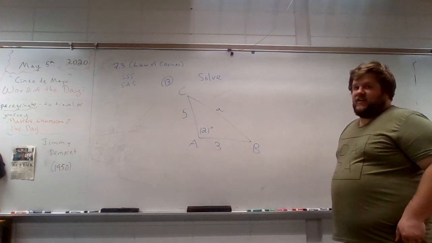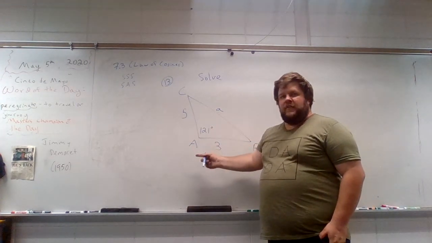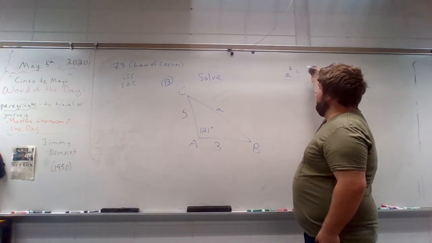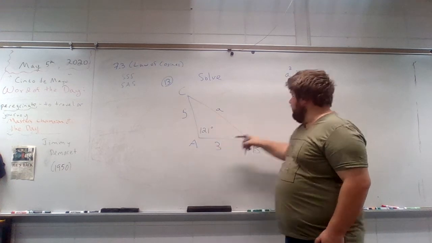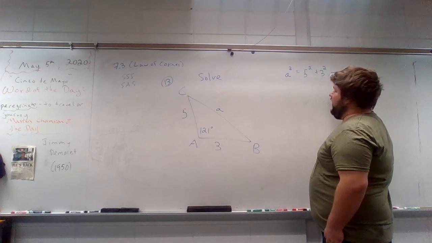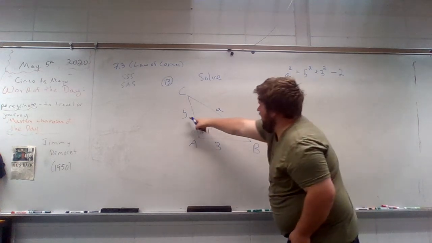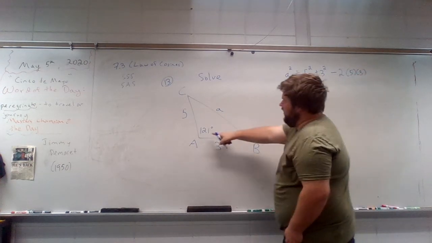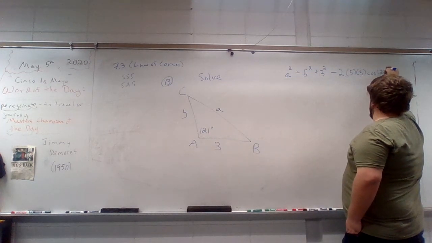How would I find the side? You may notice that if this was our triangle, I could say, what is a squared? Well, that would be 5 squared plus 3 squared, like our Pythagorean theorem, but then I have minus 2 times those two sides, 5 times 3, and then the cosine of the angle between those two sides, which is 121 degrees.